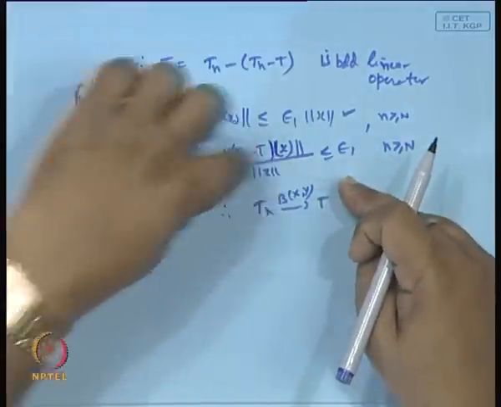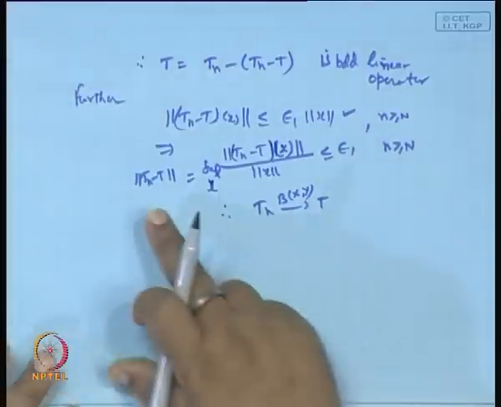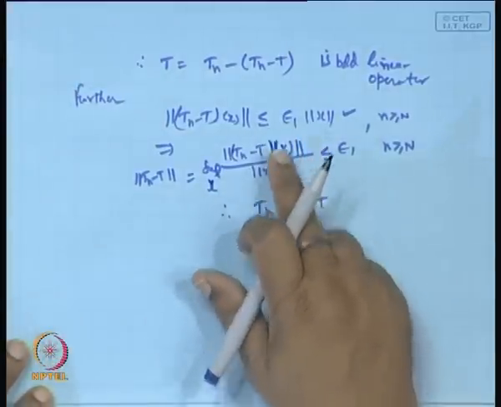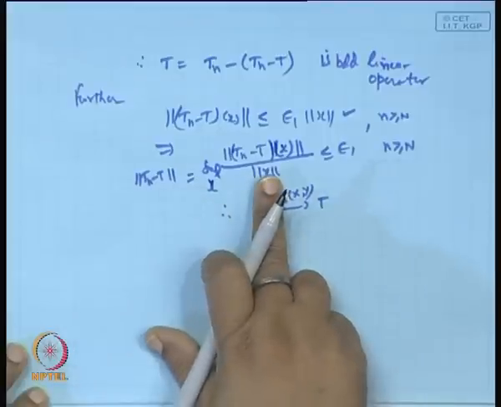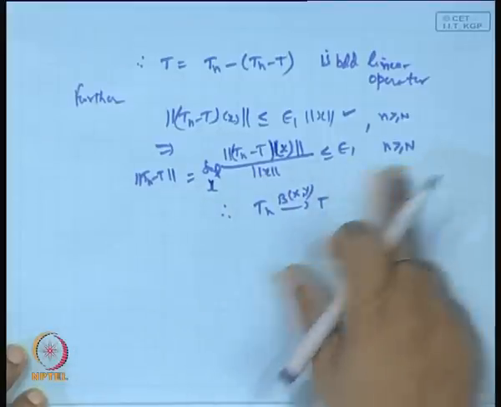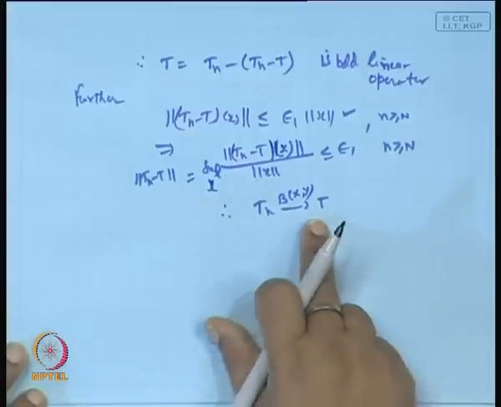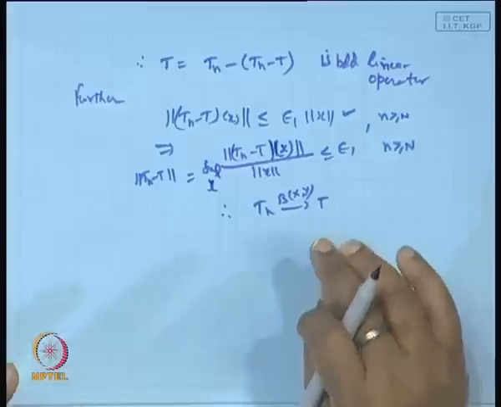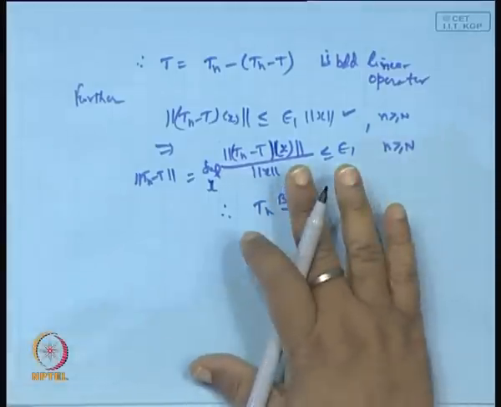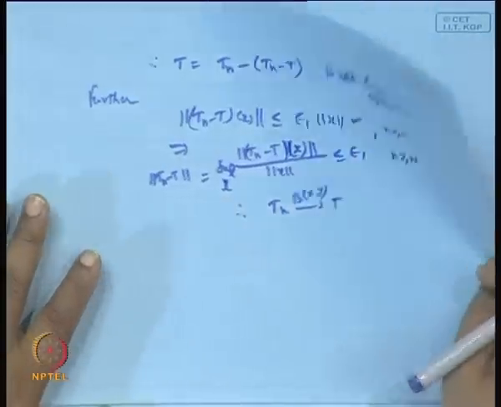Which one? This equal to this by definition, because the norm of T is the supremum of norm T x over norm x. So this shows that when n is sufficiently large, Tn will go to T. Therefore, Tn converges in the norm. Clear? So this completes the proof.